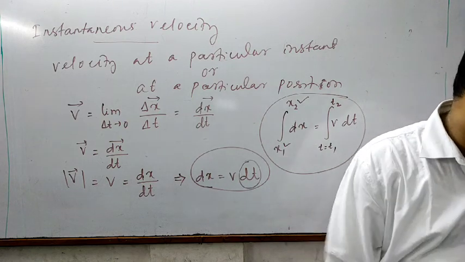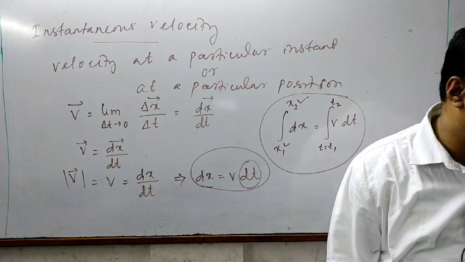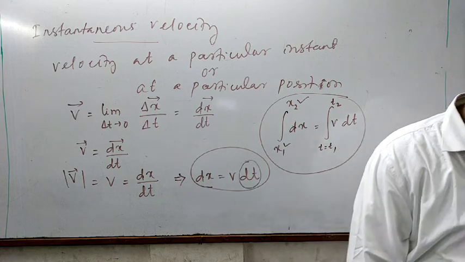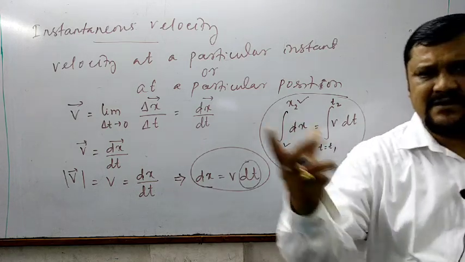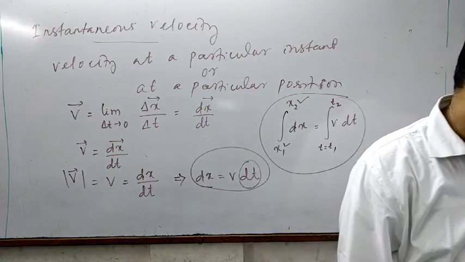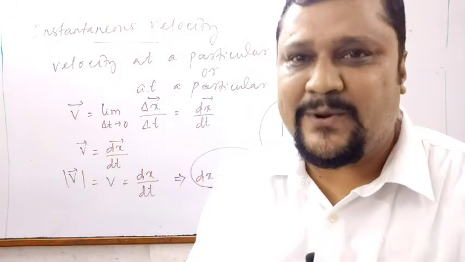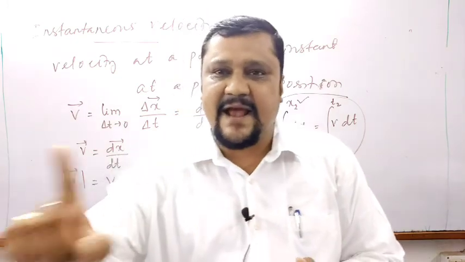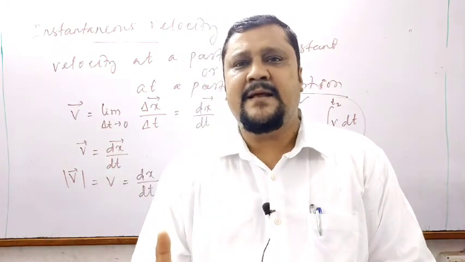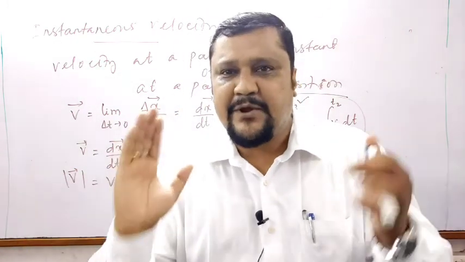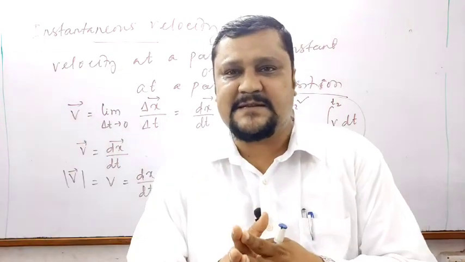The question may be, when is the average speed of an object equal to the magnitude of its average velocity? Obviously the magnitude of the average velocity. If the body is moving in a straight line in a particular direction, then the distance is equal to displacement.